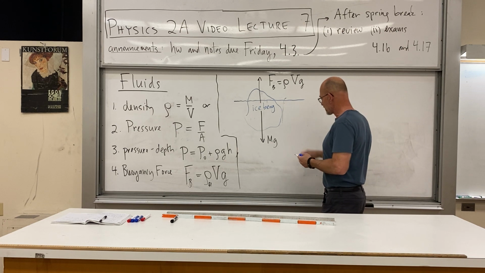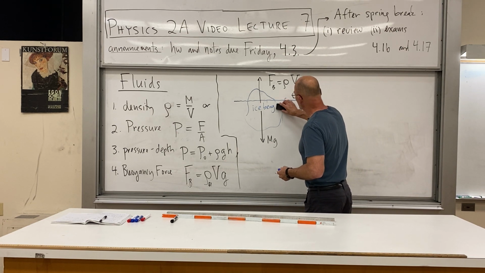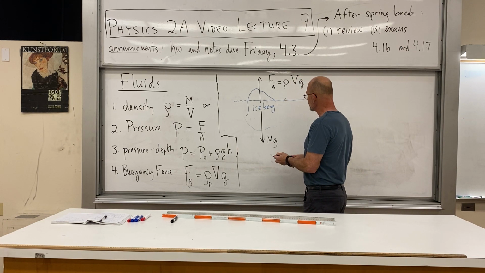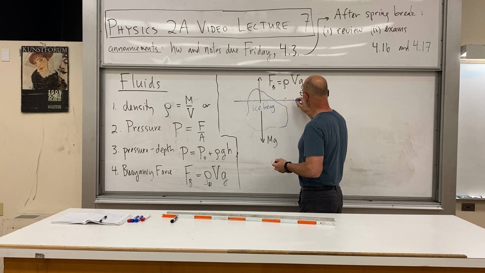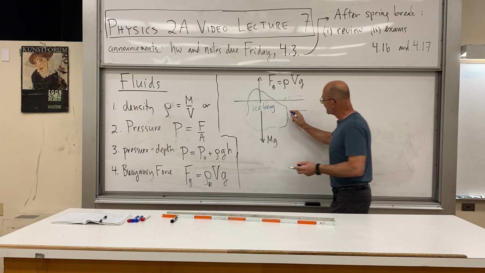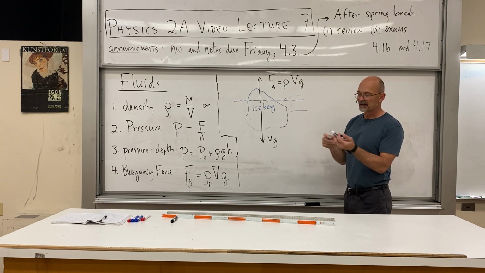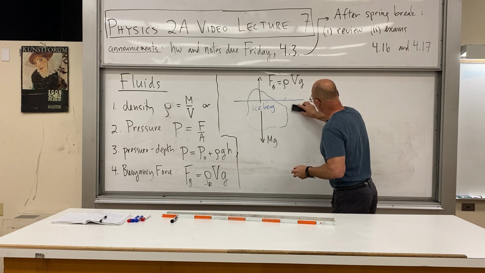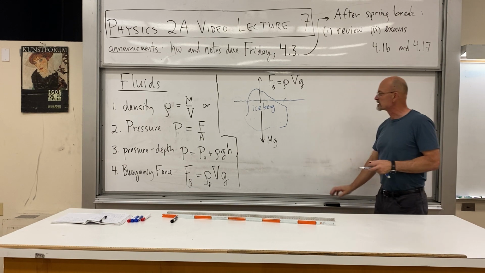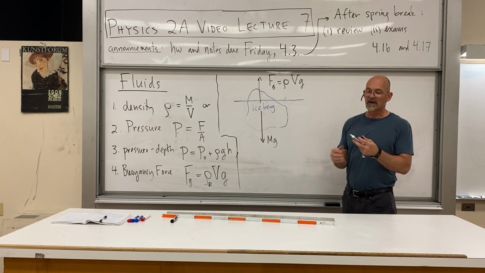It could have a bunch of it underwater. By the way, if you ever look up some interesting iceberg videos, you'll see some neat stuff. So this one could have been here, and then a ship comes up to it and thinks they're going to get that far, and they collide. Okay, the Titanic. Since I'm on the subject, if you look up some of these iceberg videos, there's some interesting phenomena.